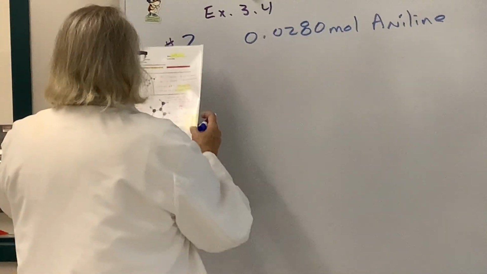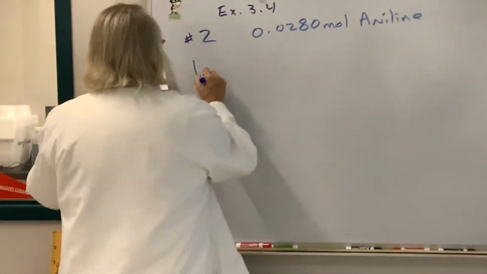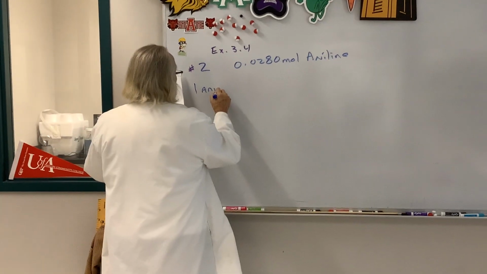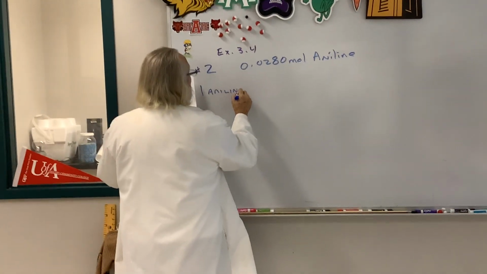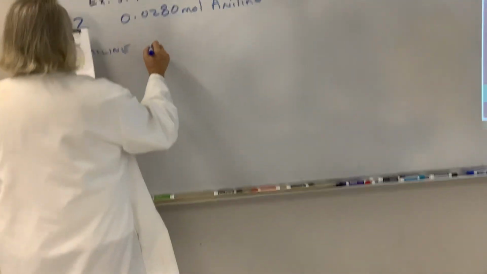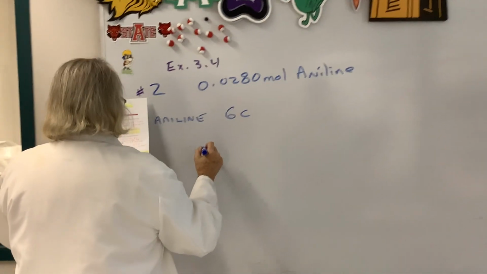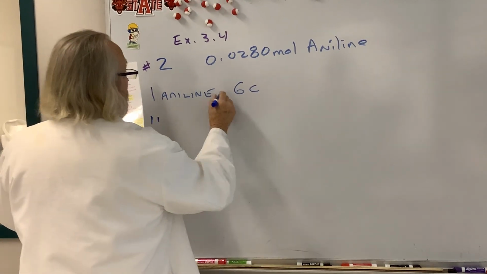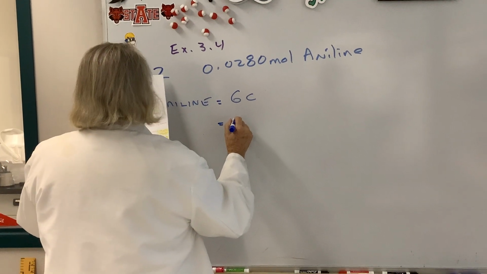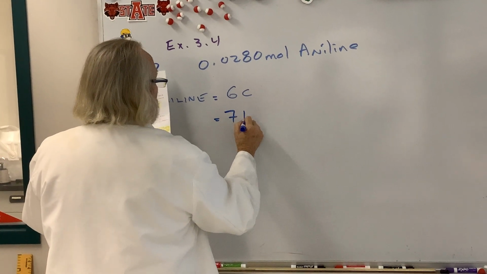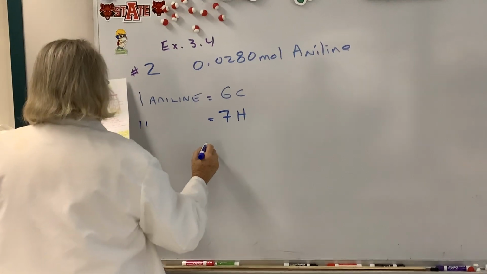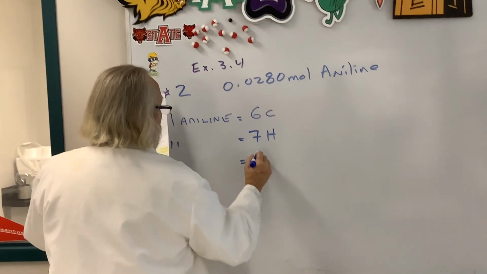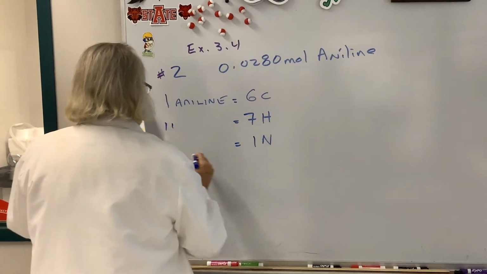And so one aniline molecule has 6 carbons, 7 hydrogens, and 1 nitrogen.